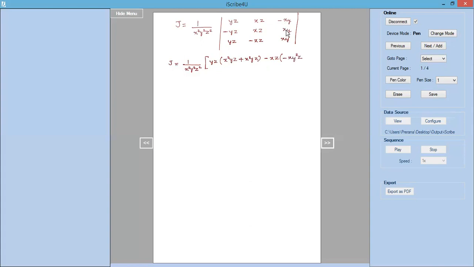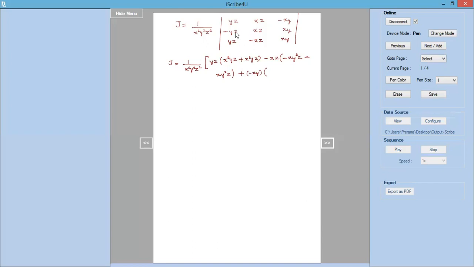And product this again, xy into yz. Xy into yz again gives us xy square z. And while expanding determinant, there is a minus sign. So minus xy square z. And the last term is plus of minus xy multiplied by this minus xy.